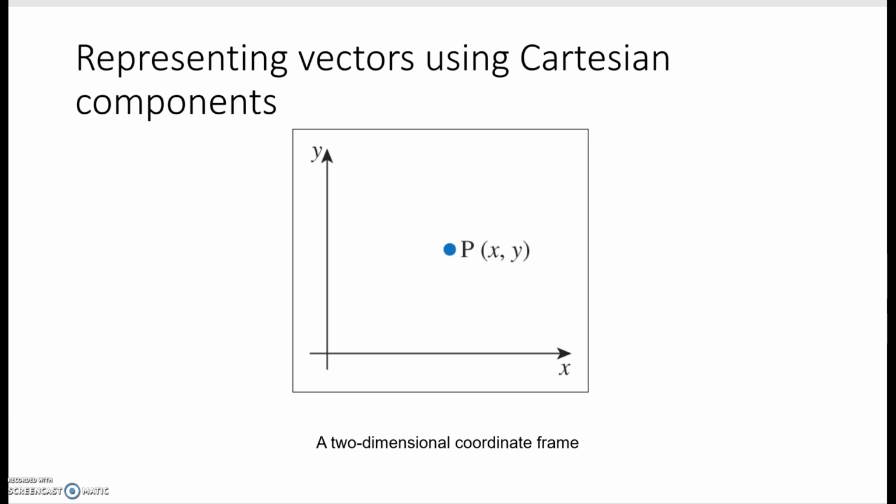Now, for example, here, say we've got a vector from O to P, and suppose P is not x, y, but suppose P is 2, 4, then we can say that OP is 2i plus 4j.